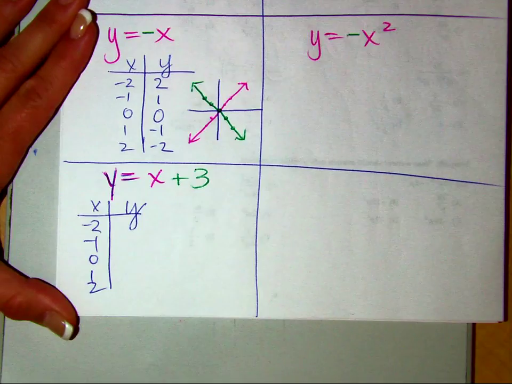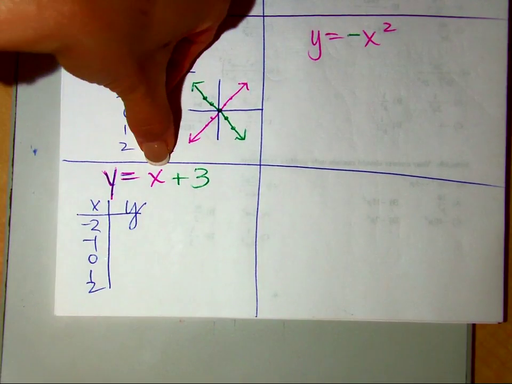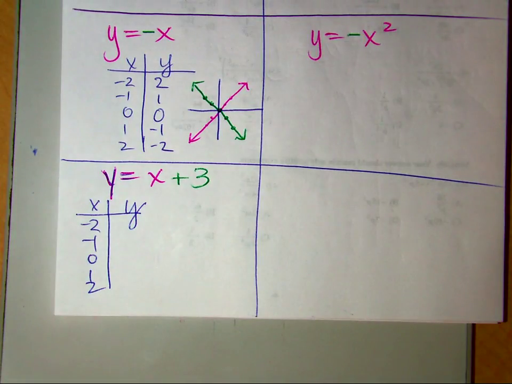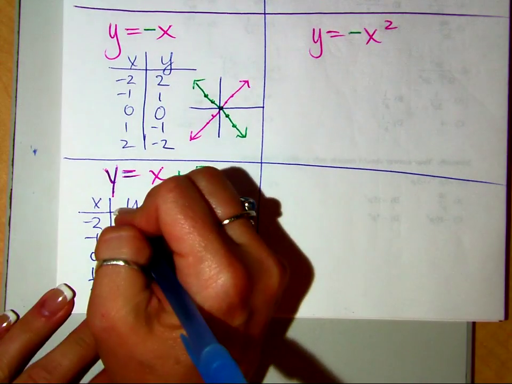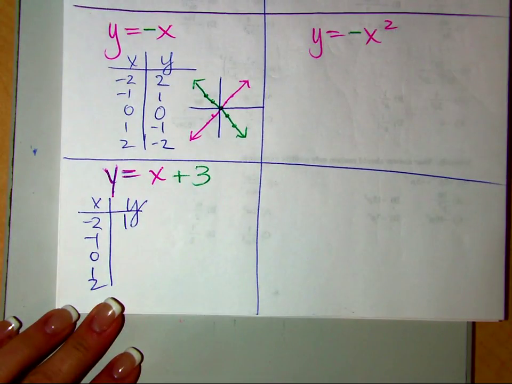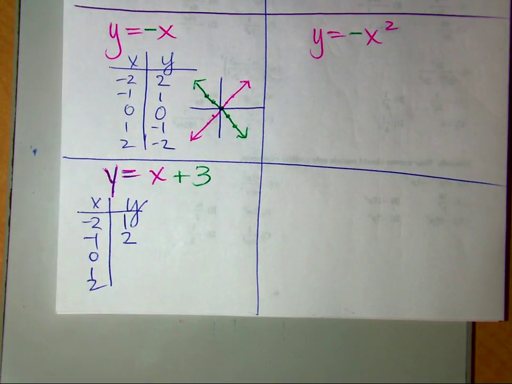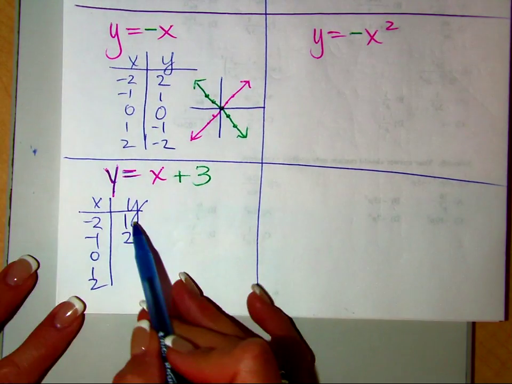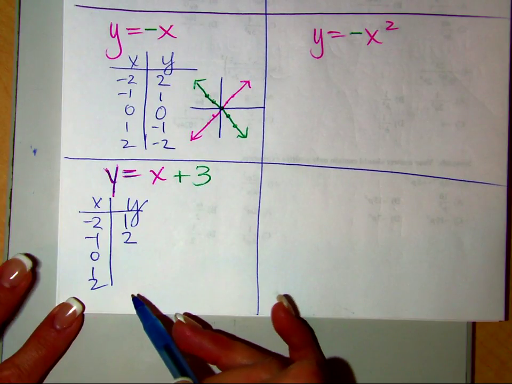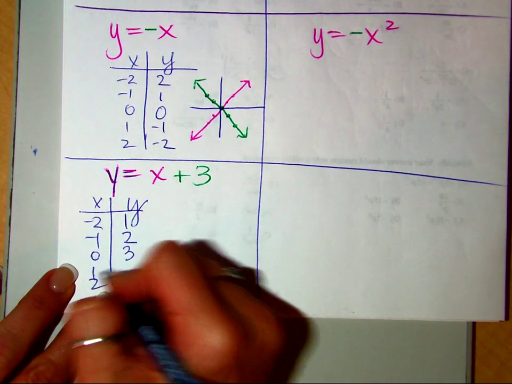And then they had to put it here and then add 3 to it. So -2 plus 3 gave them 1. -1 plus 3 gave them 2. And technically, because I know this is linear, could I just keep going up by 1? Constant rate of change. 0 plus 3, 1 plus 3, 2 plus 3.